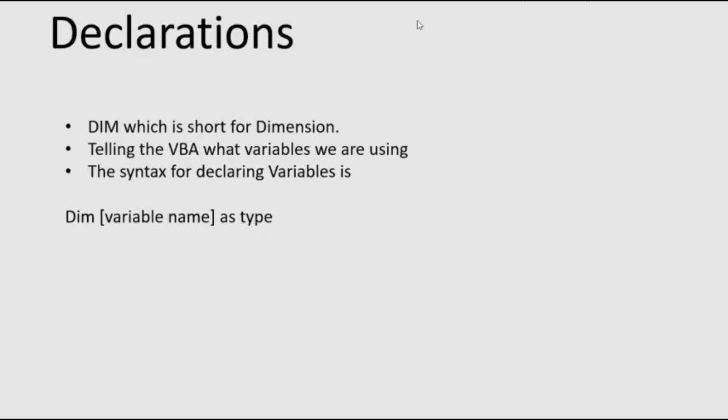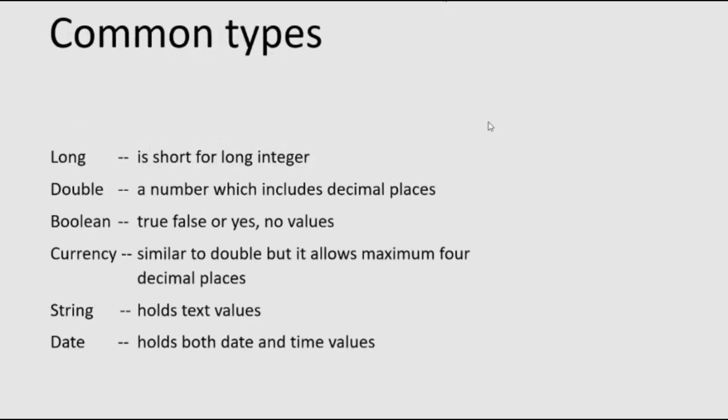I'm going to show you the common variable types that we'll be using in this class. Long is short for long integer, so basically it's just an integer. Double is for a number which has decimal places.